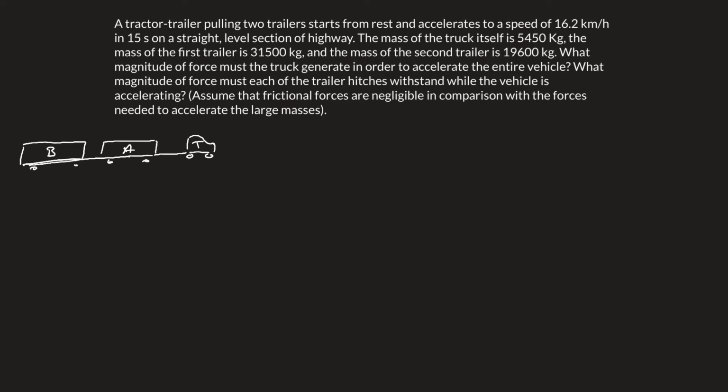Let's keep track of everything that we know for this question before we start doing some math. We know it starts from rest, so V1 is equal to 0 meters per second. V2 is equal to 16.2 kilometers per hour, which is the same as saying 4.5 meters per second. We have our total time, 15 seconds.